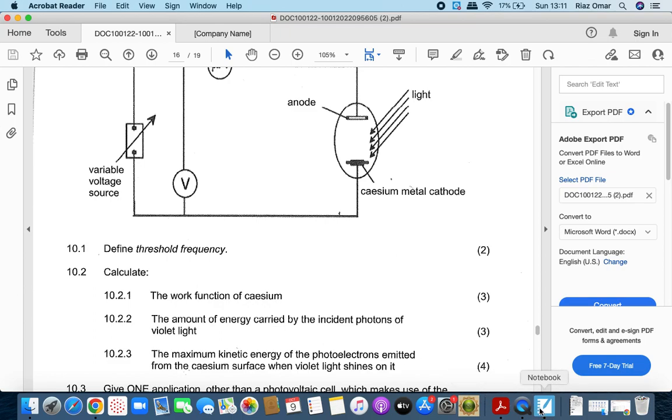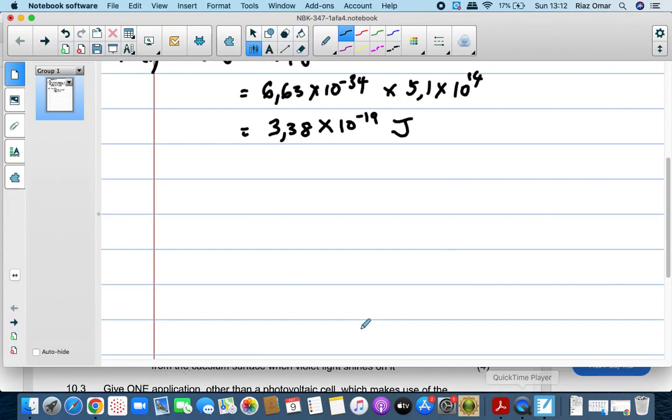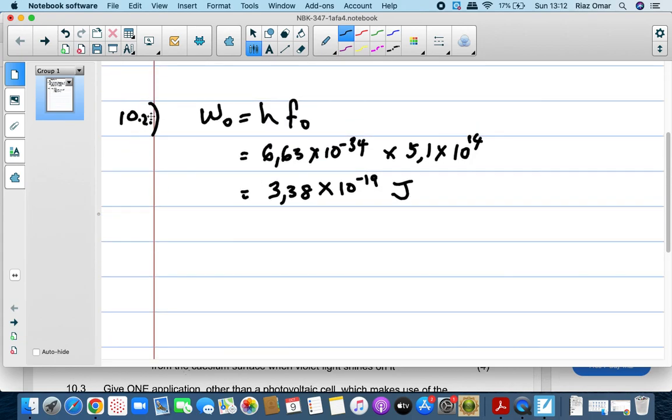The amount of energy carried by the incident photons of the violet light. So here again, for 10.2.2, E equals hc over lambda.